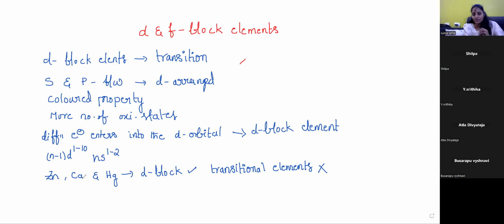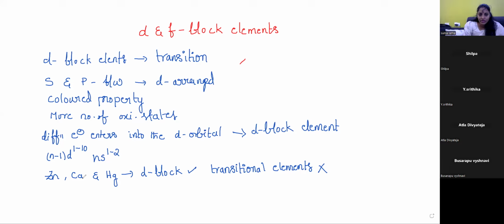So they cannot absorb energy in a particular region. That is the reason these three elements do not come under transition elements, because they don't have colored property. Behind this is that all these three elements have completely filled d orbitals.